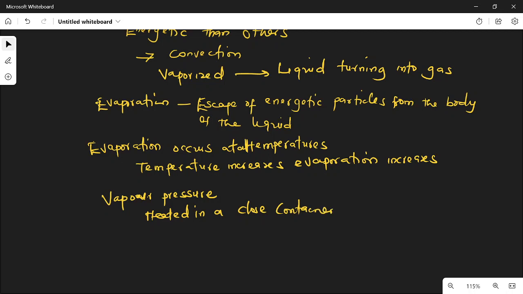When we say closed container, it means that nothing goes out, and nothing comes in. That's what we refer to as a closed vessel or a closed container. Nothing goes out and nothing comes in.